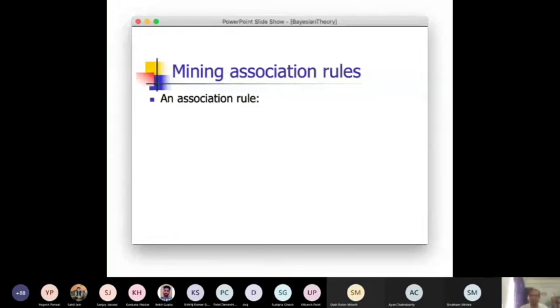It's a very important and very interesting task that you will see in many cases. We try to find association rules.